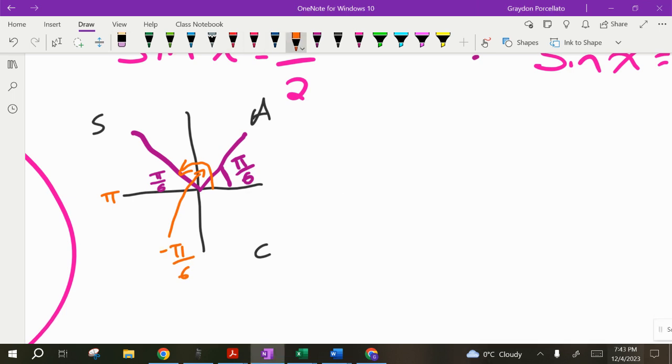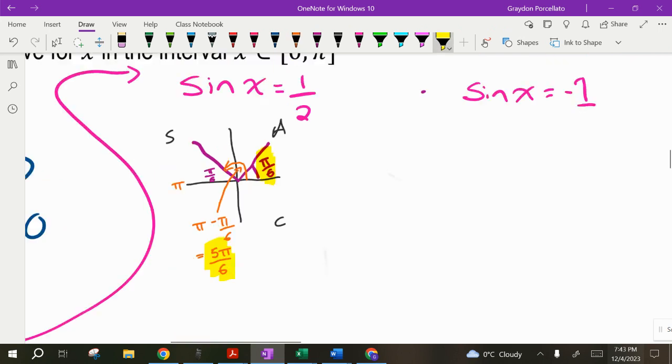Now pi minus pi over 6, you can get a common denominator there, but I know that that's 5 pi over 6. So my two solutions are pi over 6 and 5 pi over 6.